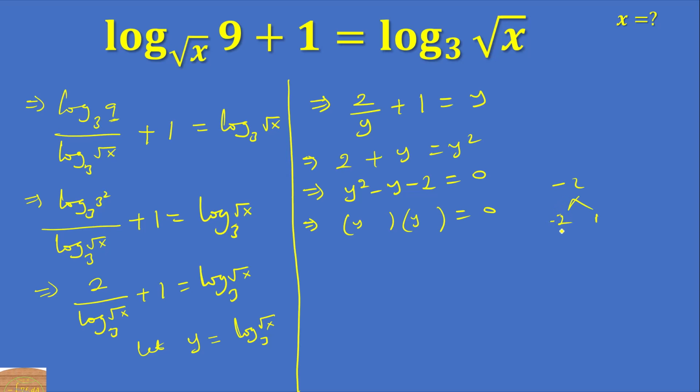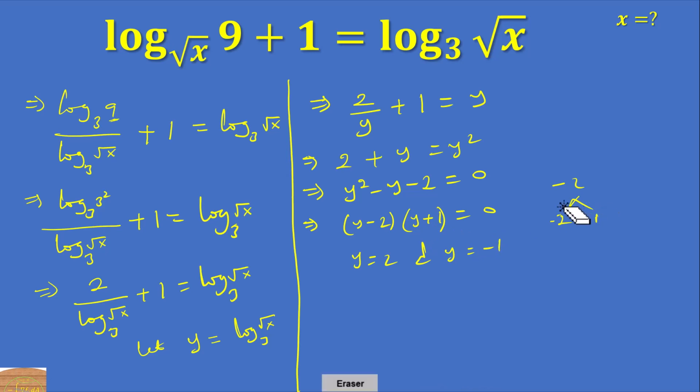So minus 2 times 1 is minus 2. Minus 2 plus 1 is minus 1. So I think that one will work. So we have y minus 2, then we have y plus 1. So let's equate this to 0, which will give us y is equal to 2, and y plus 1 is equal to 0, so y is equal to minus 1.